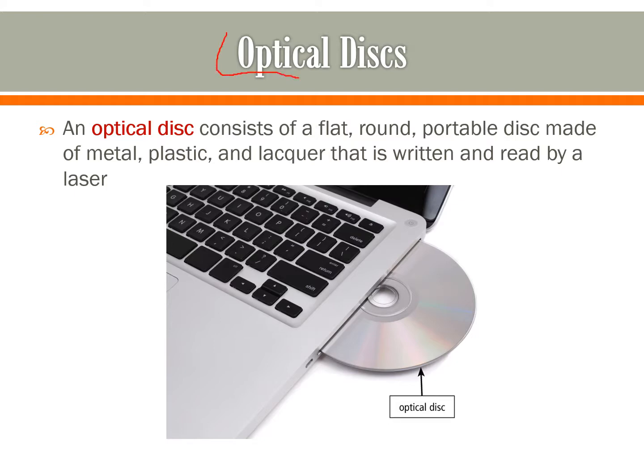As I've mentioned before, whenever you see the term optical, it refers to light technology. And why optical disk? Because when you store something on an optical disk, you are using a laser to write on the optical disk.